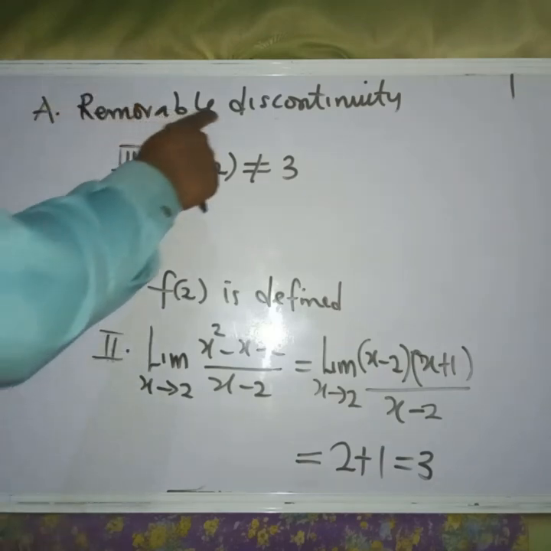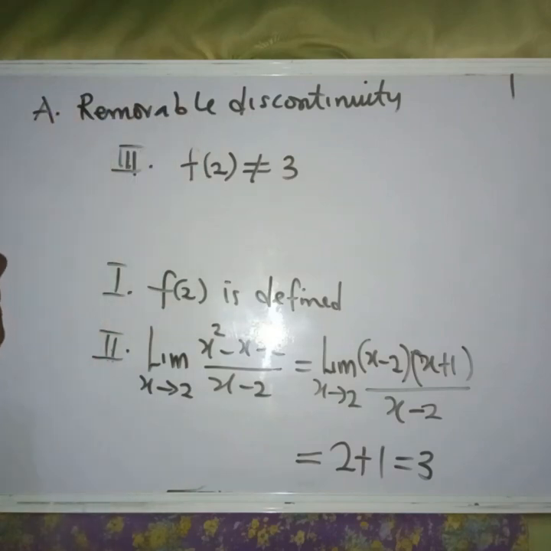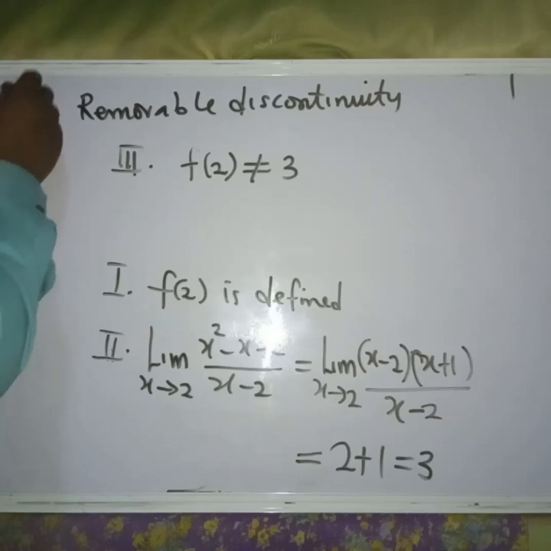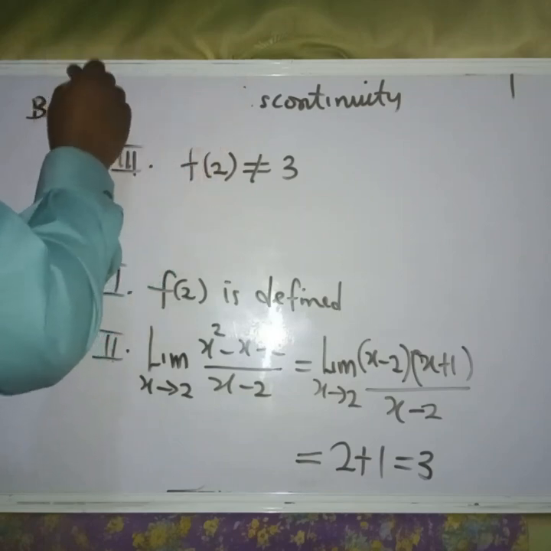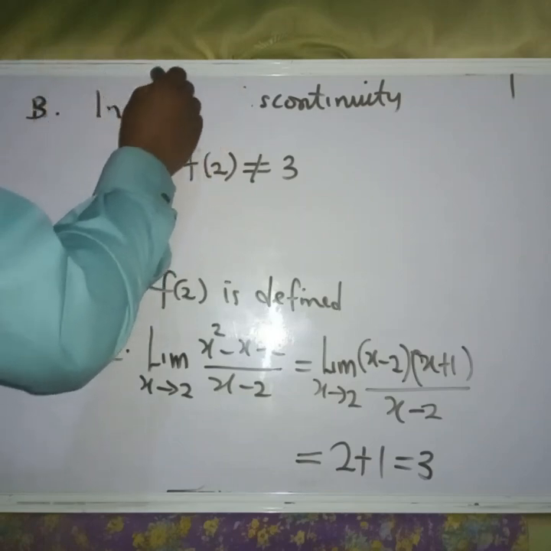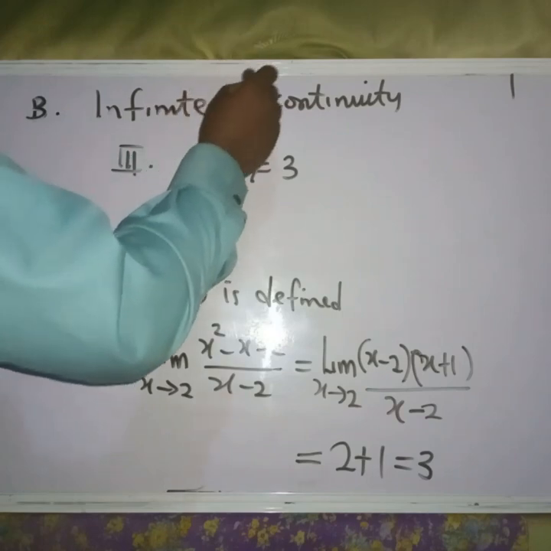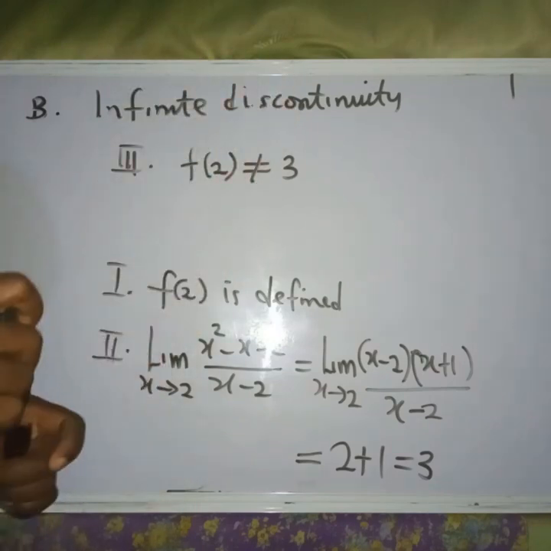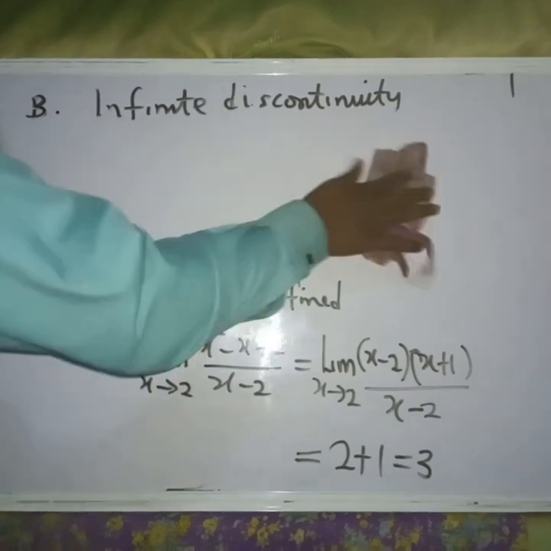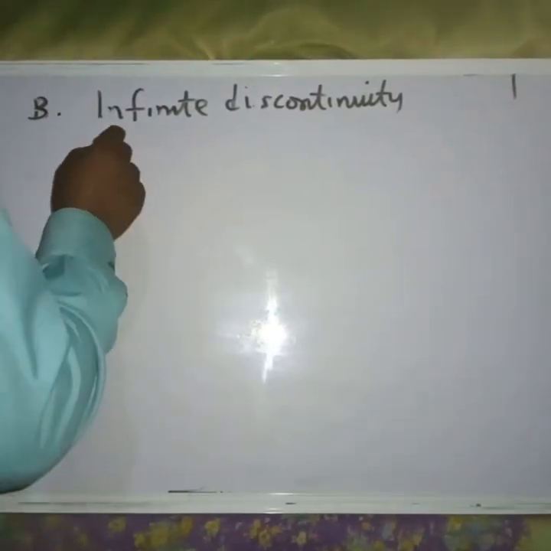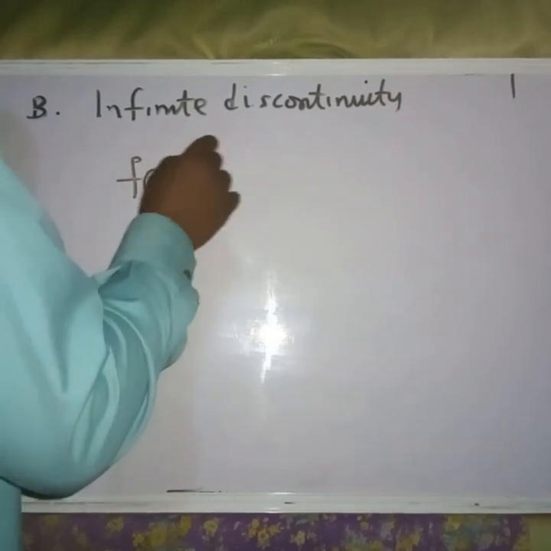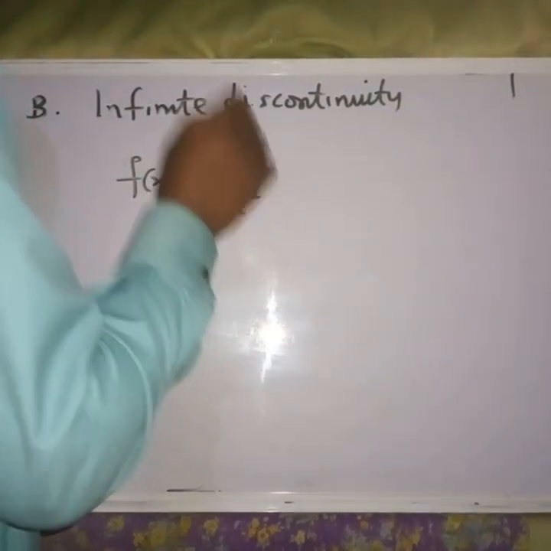Another example of discontinuity is what we refer to as infinite discontinuity. That will be given as part B, infinite discontinuity. An example is f of x equal to 1 over x squared.